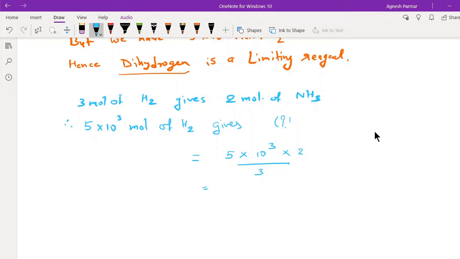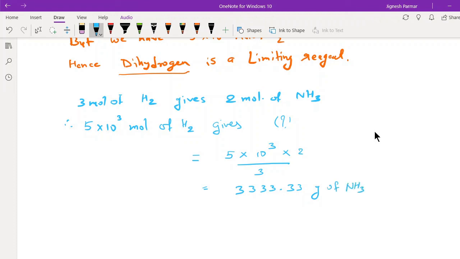It means my answer is a very unique answer. What do I get? I get an answer which is 3.33 mole of NH3.